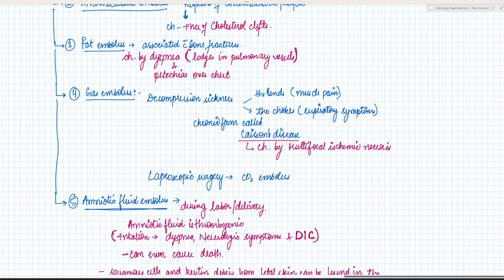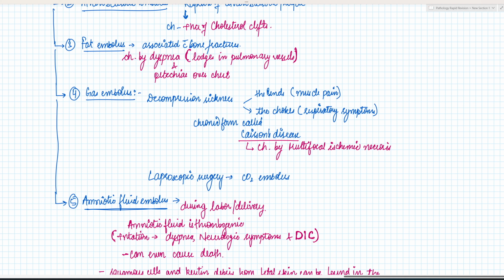Now, the chronic form of decompression sickness is called Caisson's disease, and it is characterized by multifocal ischemic necrosis. It is very simple to understand. You can think of it as if a diver is doing this multiple times, experiencing mild symptoms, the bends, the chokes, again and again.